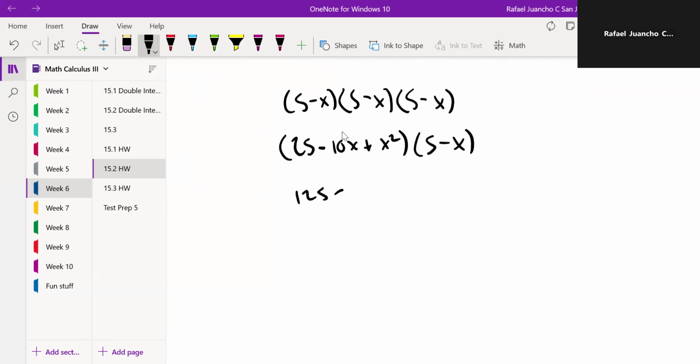So I get 125 minus 50x plus 5x squared. Then minus 25x plus 10x squared minus x cubed.